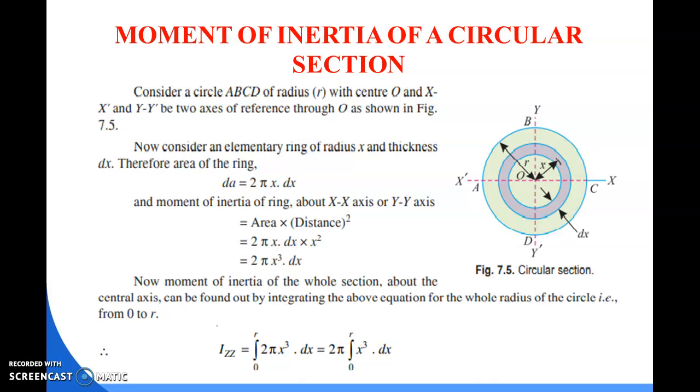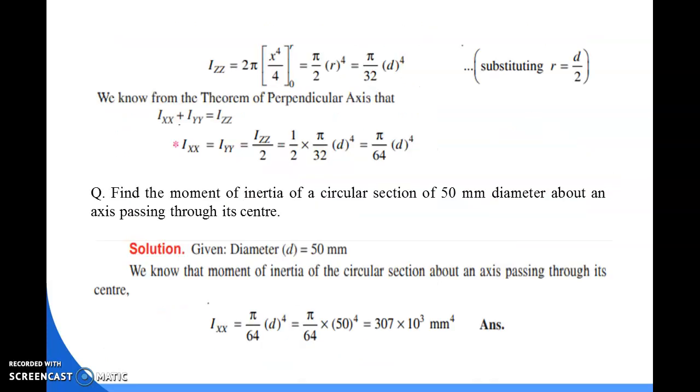So now coming to the moment of inertia of a circular section. A circular section is symmetric about both the axes, and the values about both axes are equal because the circular section is symmetric along the XX axis as well as along the YY axis.